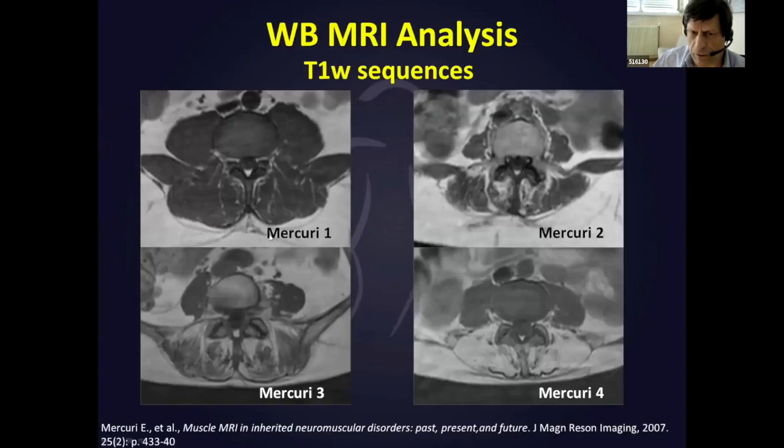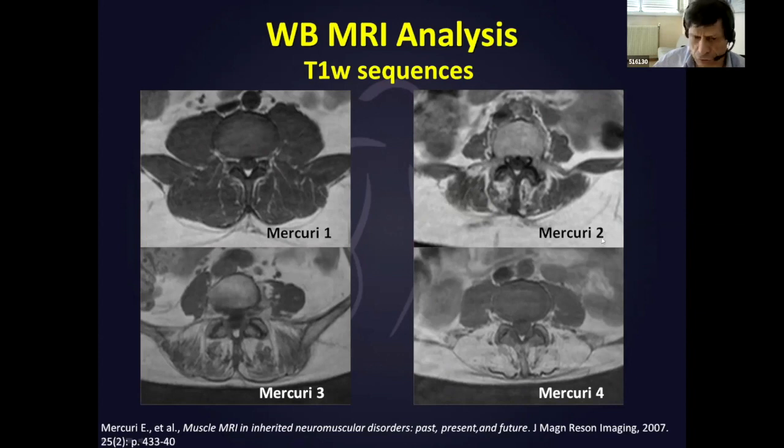An example of the Mercuri classification for muscle of the back. Here you have a normal aspect of muscle without fatty replacement into muscle. It's Mercuri 1. Here you have subtle fatty infiltration into muscles, less than 30% of the muscle.